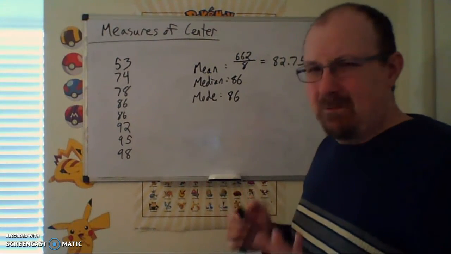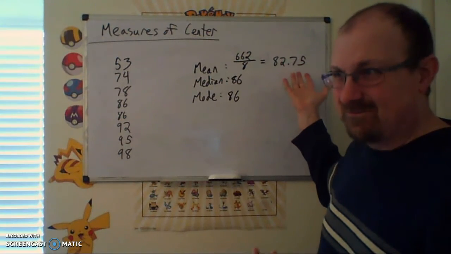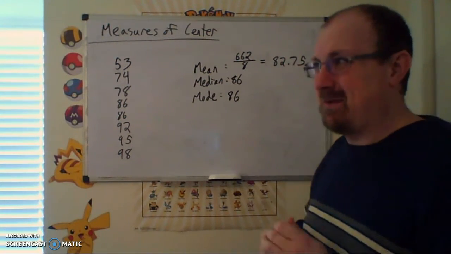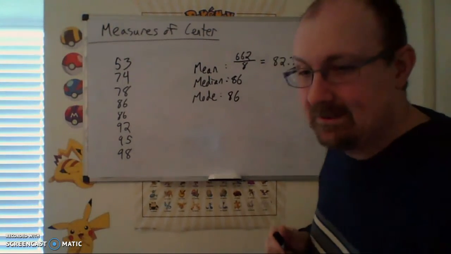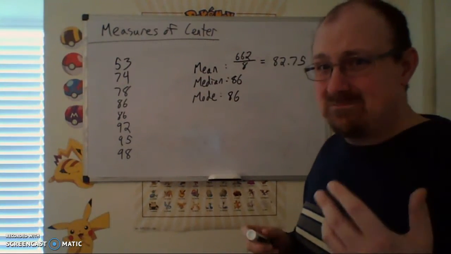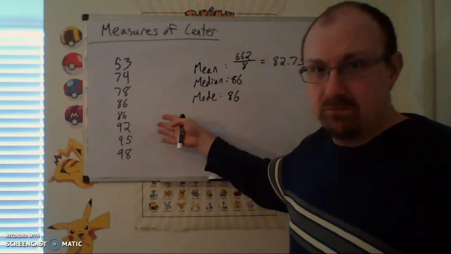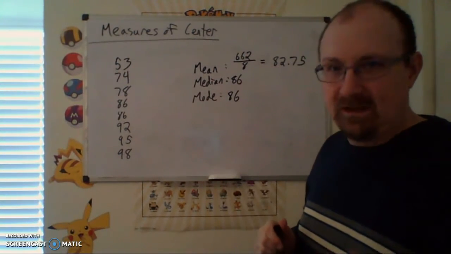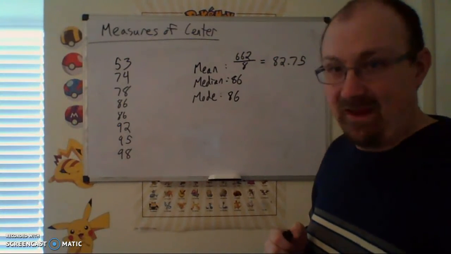which ends up making us ask, why do we worry about all of these? Why don't we just always use the mean? For what it's worth, once we leave this section behind, the mean is the one measure of center we're going to keep coming back to over and over again. It turns out there are times you can't really use a mean. Like, what if your data values are not numbers, like if you were getting yes, no, or voter preferences or something like that, where the answers aren't numbers?